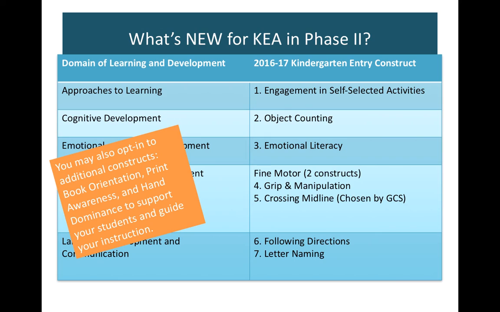And then, of course, as I mentioned, book orientation and print awareness will be an optional construct progression for language development and communication. Additionally, hand dominance will be an optional progression for the health and physical development domain.